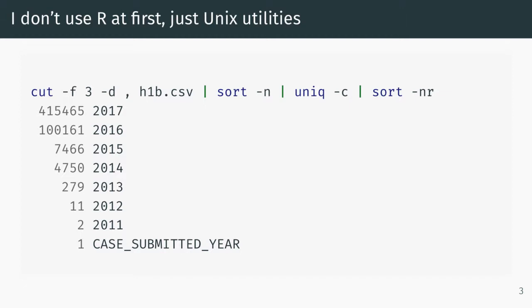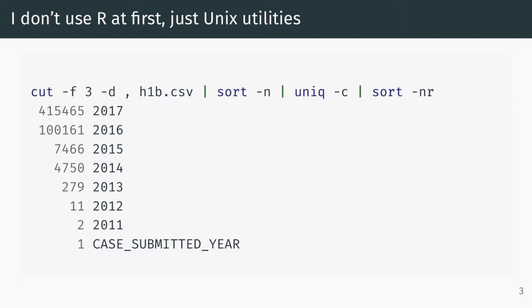Then it passes off that output to the uniq command. The uniq -c command, I should say, records the number of copies of each unique value in the column. So that's what gives us the result below. And then that's passed off to sort -nr, that's sort numerically and in reverse order.